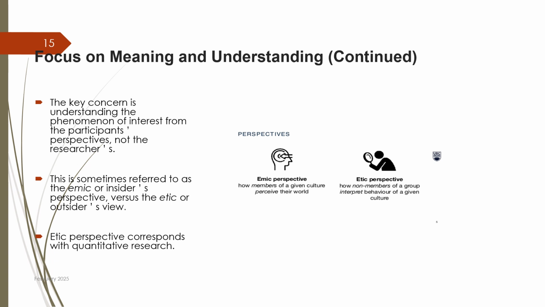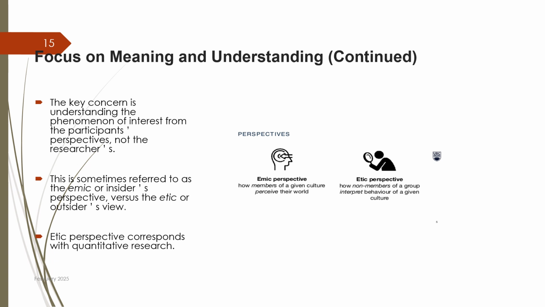This is sometimes referred to as the emic or insider perspective versus the etic or outsider's view. In qualitative research, you need to be familiar with those two terms, emic and etic. Emic means insider's view. Insider's view means the participant's perspective regarding this particular issue.